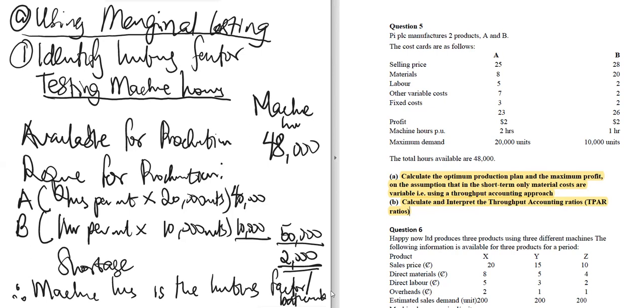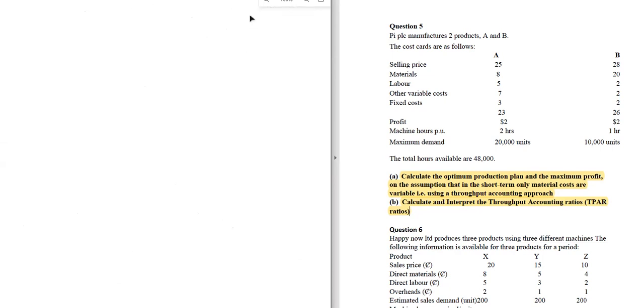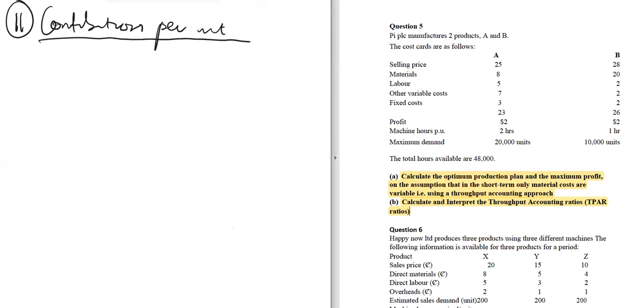Now that we know this, let's go into it. Now that you know that machine hours is the bottleneck, that means you have to sync this and then calculate your contribution. So the next step is to calculate your contribution per unit. This is marginal costing. Okay, you can go straight to your contribution per limiting factor, which will make it faster.